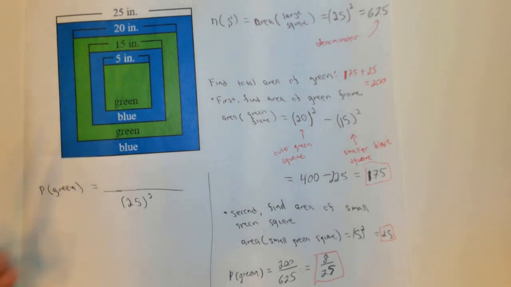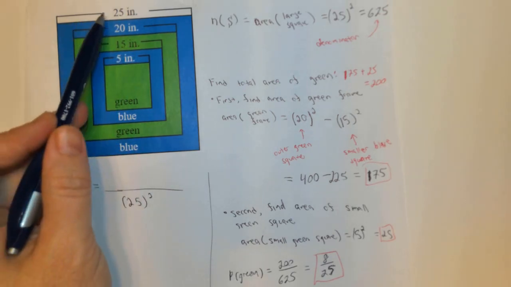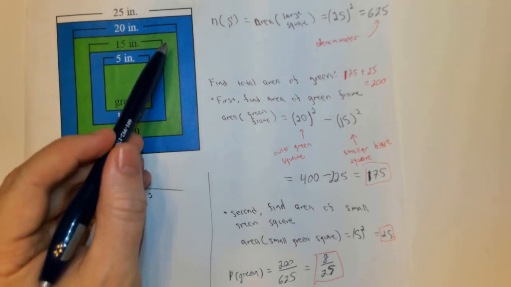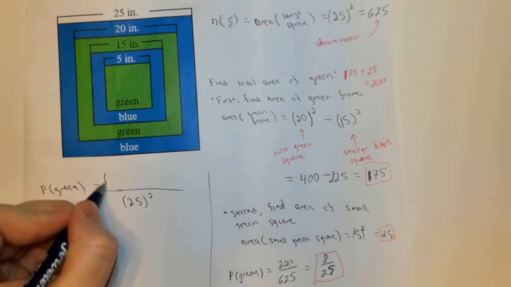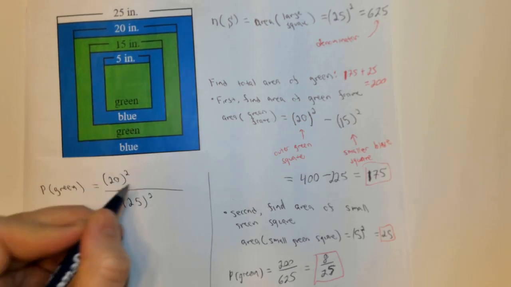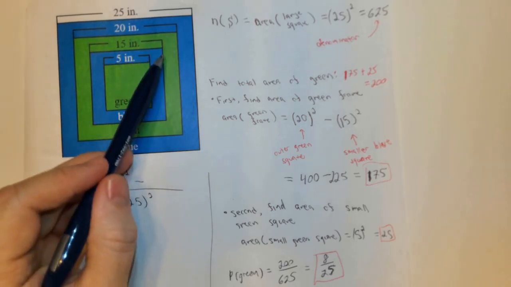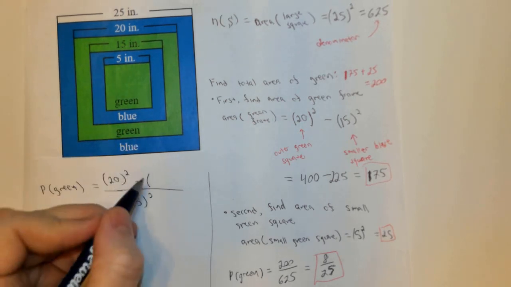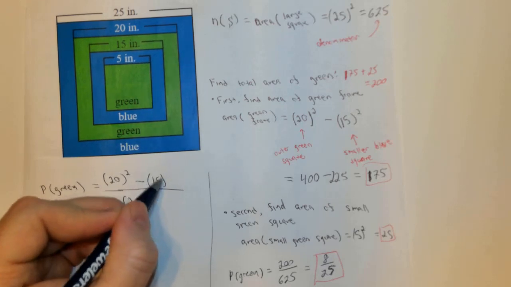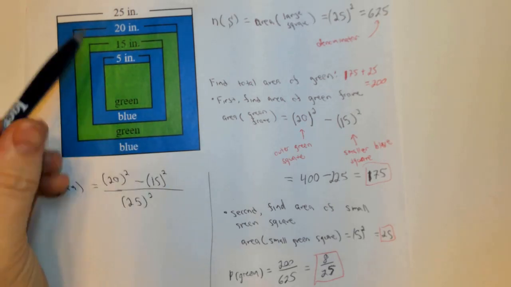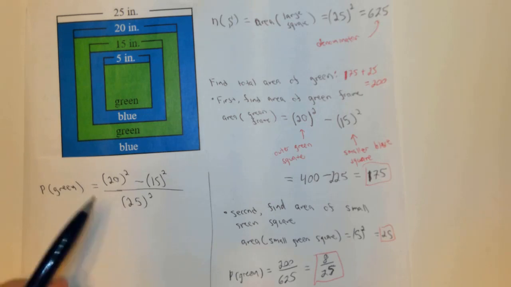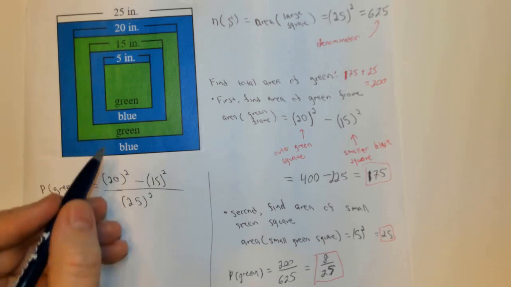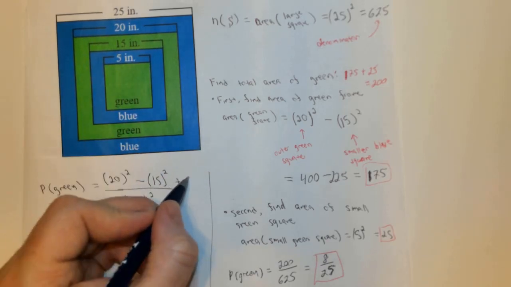But then the shortcut here is, as you follow these numbers, if it references a green square, it's positive. If it references a blue square, it is negative. So I got 25 squared on the bottom. 20 squared is this green one. 15 is this blue one. And then this 5 is this green one.